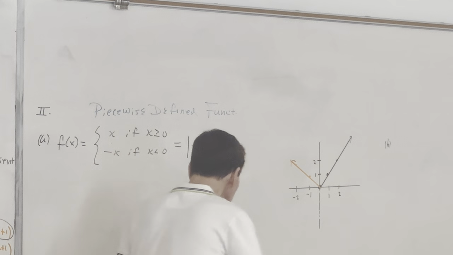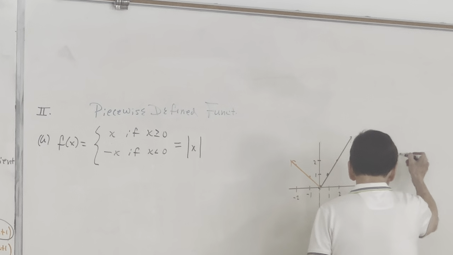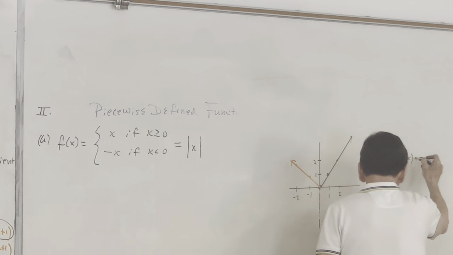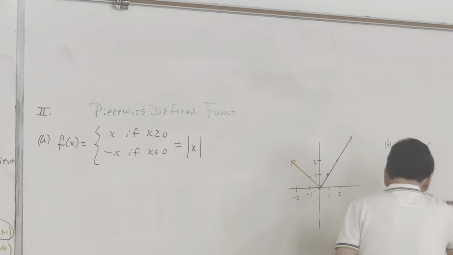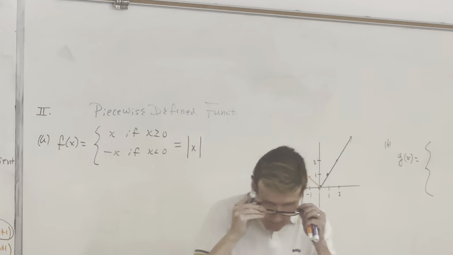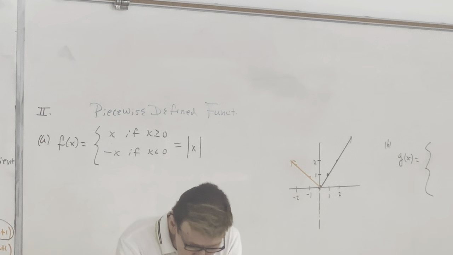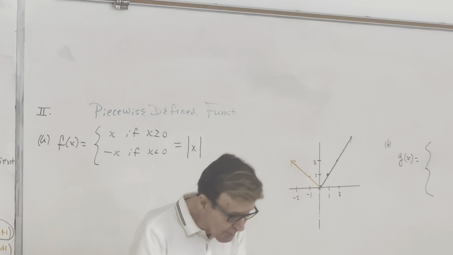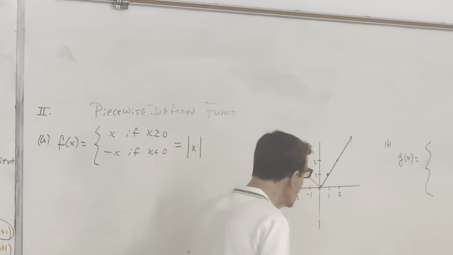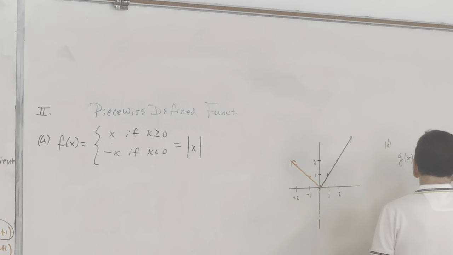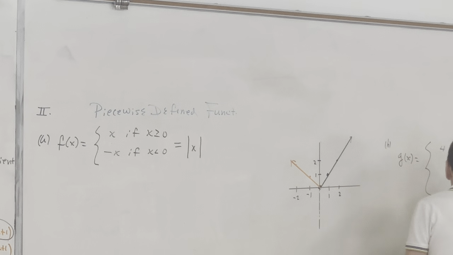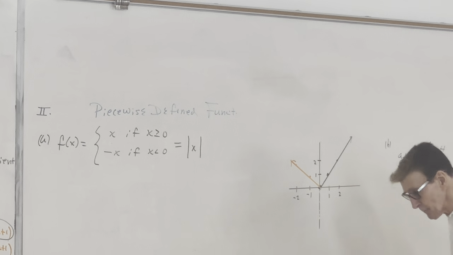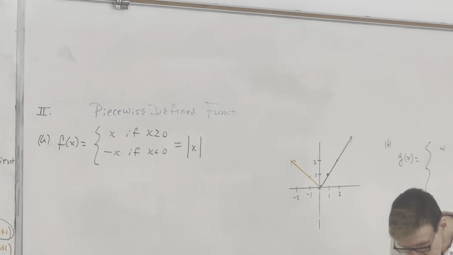Okay, g of x. We'll change it to another piecewise function. But this one looks okay. The first piece, guys, is the first piece what? 4? 4. If x is less than -2. I'll do that in black when I finally get to the grid.